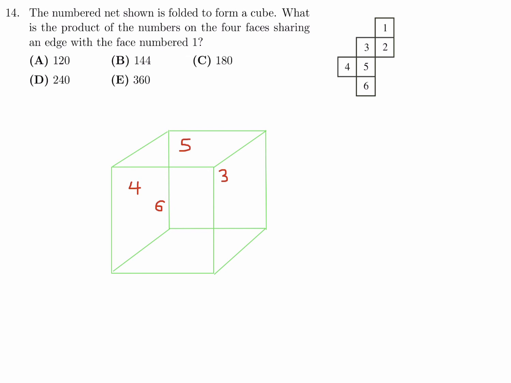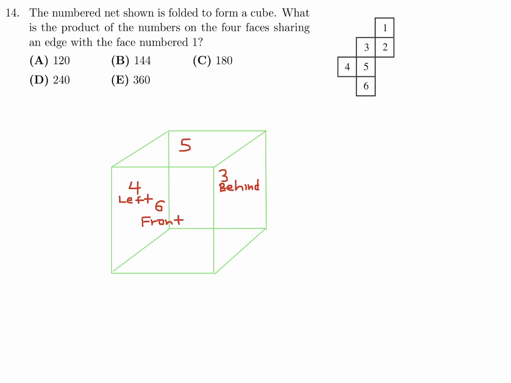And the only other place the 2 can go in terms of our diagram, since the 6 went here in the front, and the 4 went over there to the left, and the 3 went over there to the right. Or sorry, the 3 is actually behind. And it should have been right behind. Kind of makes it easier, I think. 6 front, and then 4 is left there. I think that's a little bit better.